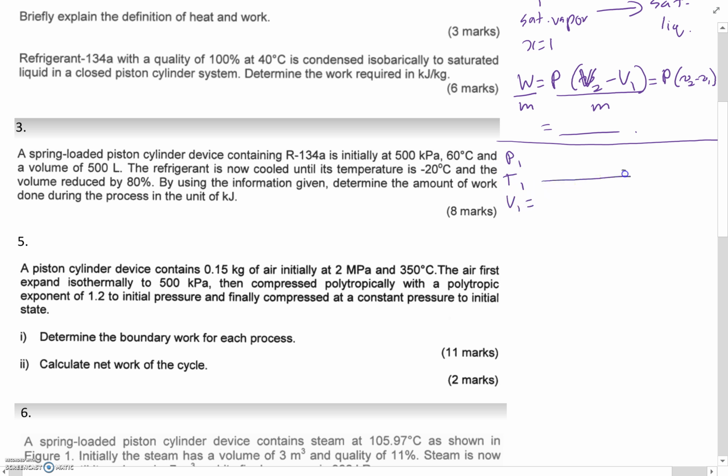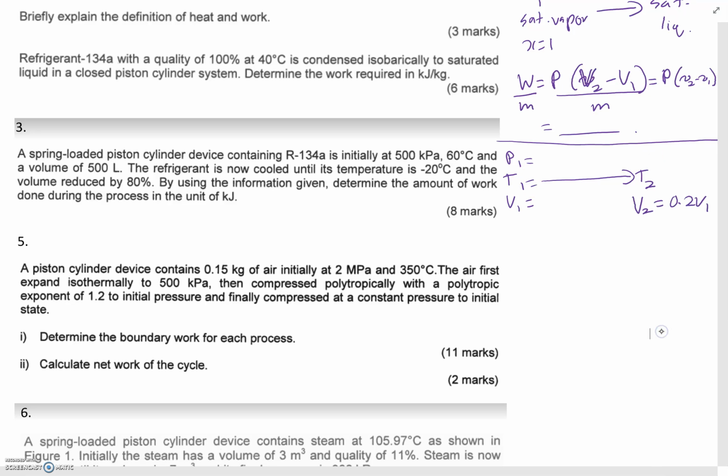The refrigerant is now cooled until its temperature is T2 and the volume is reduced by 80%. Reduced by 80% means what's left is only 20%. So V2 equals 0.2 V1. By using the information given, determine the amount of work done.